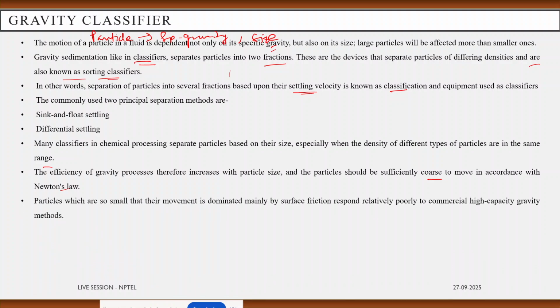The particles which are very small, whose movement is mostly dominated by surface friction, respond relatively poorly to commercially high capacity gravity methods.